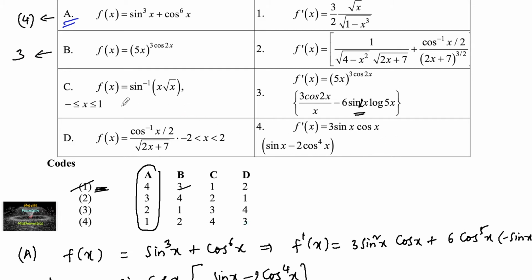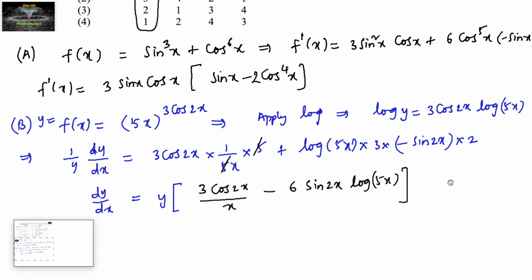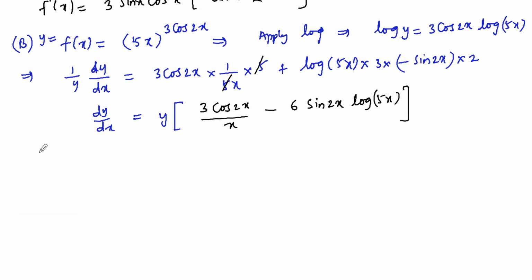And now let's check the third one. f of x is equal to sin inverse of x root x, for minus 1 less than or equal to x less than 1.